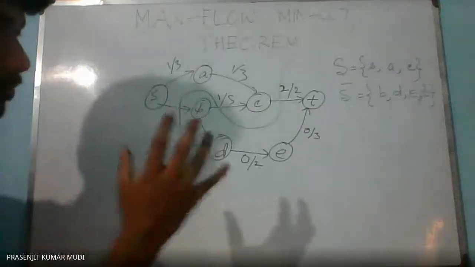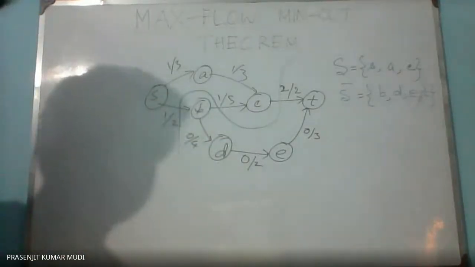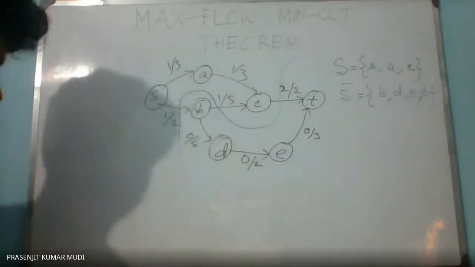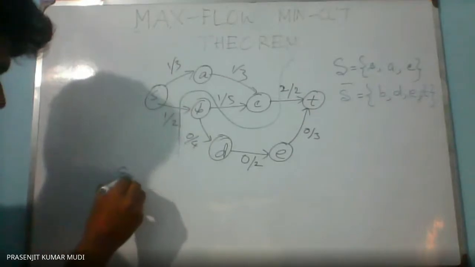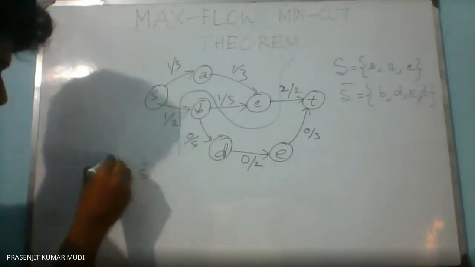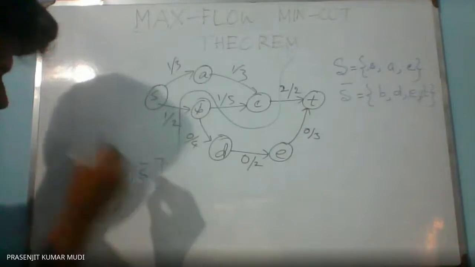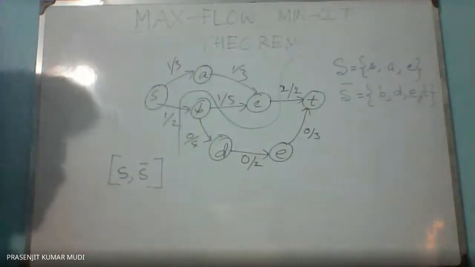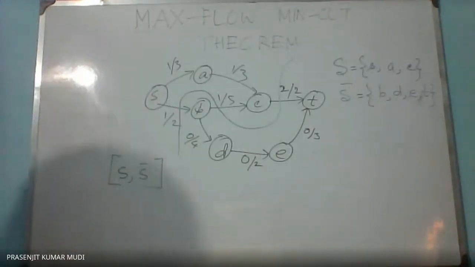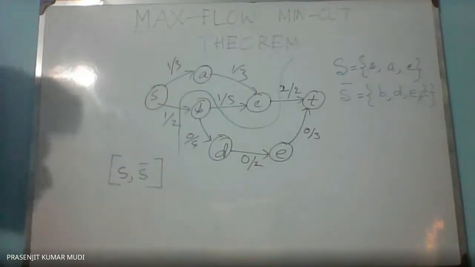So then mathematically, how do we represent a cut? It is S comma S bar within third bracket. This is the representation of a cut. Third bracket or first bracket.